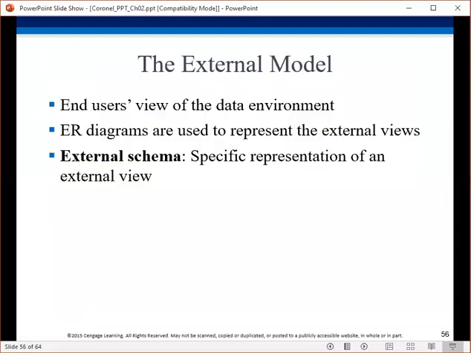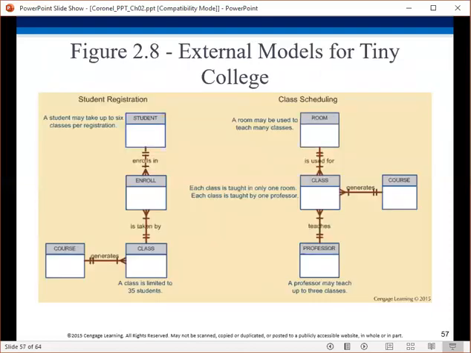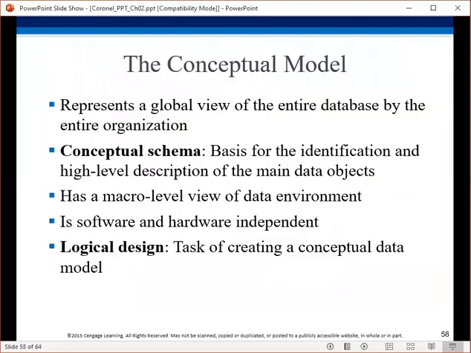So the external model is the end user's view of the data. So here's an example of an external model for a university. And we take little subsets of the overall tables and look at them.